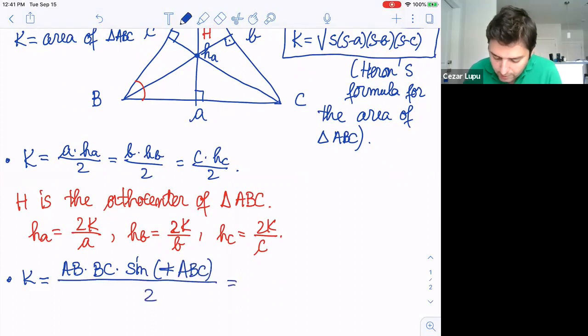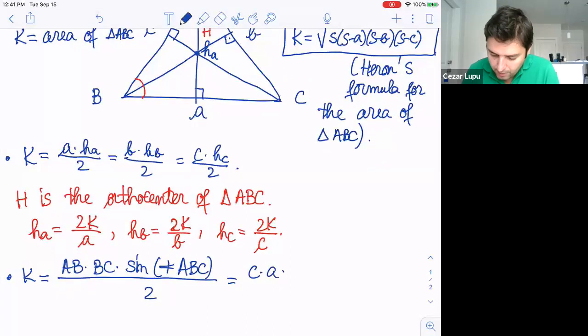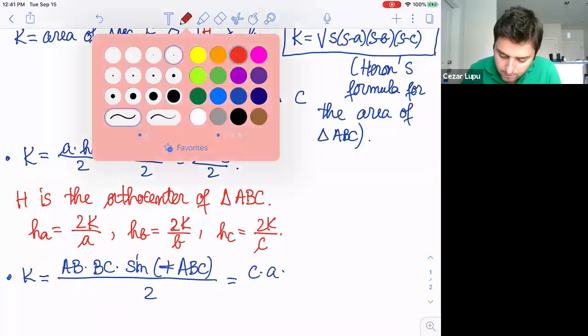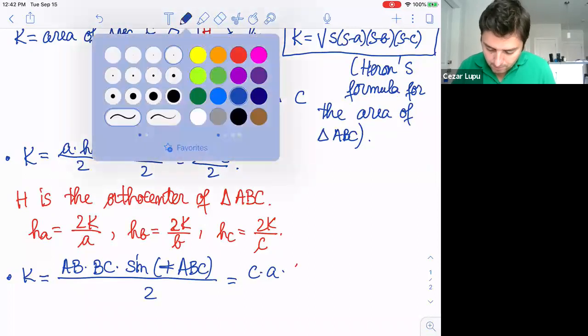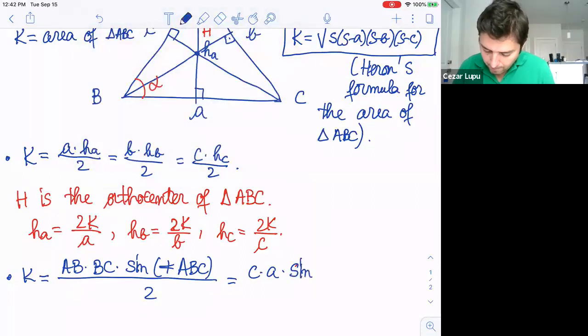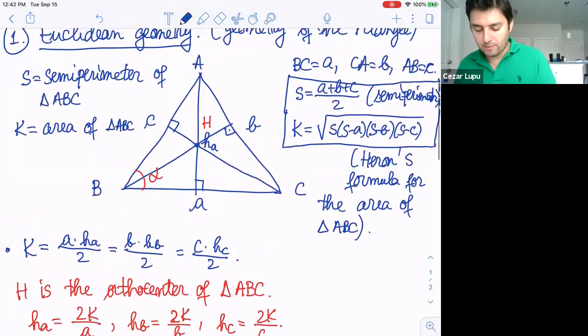Or if you want to write this, it is C times A times, let's call this alpha. So this is alpha here. If I denote this by alpha, then this is sine of alpha over 2.